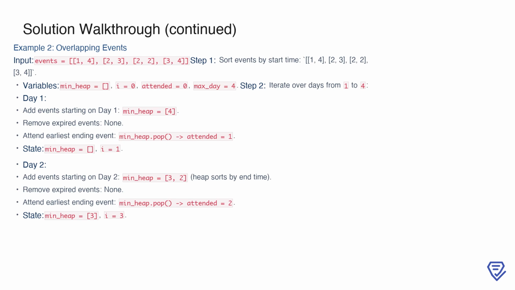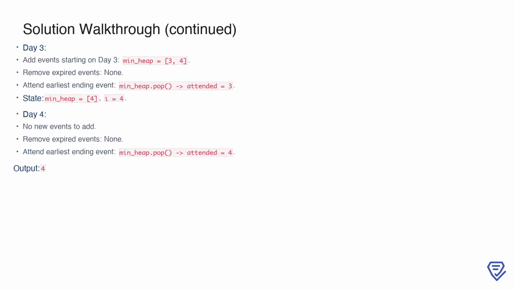We then update I to 3 as we continue to the next day. On day 3, we add the event starting on this day to the heap, so min_heap becomes [3, 4]. Again, there are no expired events, so we attend the event that ends earliest. Popping the event with an end time of 3 from the heap, we increment attended to 3. The heap now contains only 4, and I is incremented to 4.